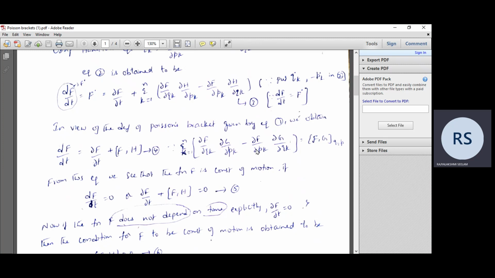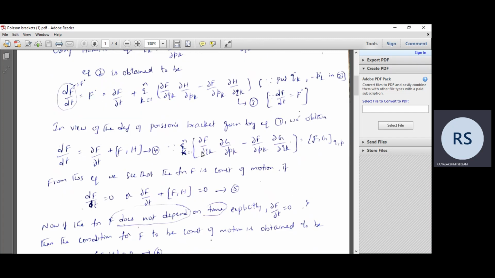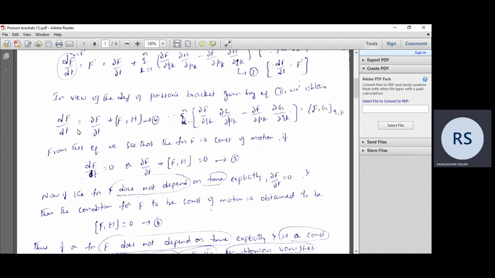In equation number 1 we had [F, G] with subscript q, p, but here we have replaced G with H. That means we have made this equation by using Hamilton's equations, writing them in place of q̇ and ṗ. So in view of the Poisson bracket given in equation number 1, dF/dt equals ∂F/∂t plus [F, H], which is equation number 4.